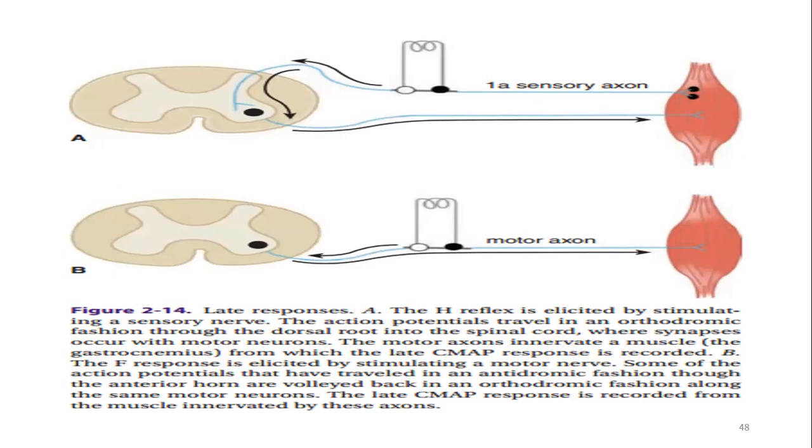The H reflex works by the same mechanism as the deep tendon reflexes or stretch reflexes. In a deep tendon reflex, when stretch happens on the deep tendons, the afferent sensory nerves in the muscle spindles take the sensation of stretch to the spinal cord, then the information is processed and there is a muscle response to that stretch, which is what we see.